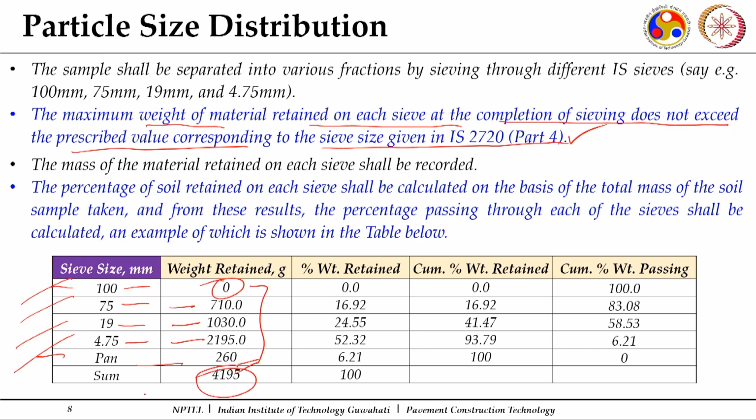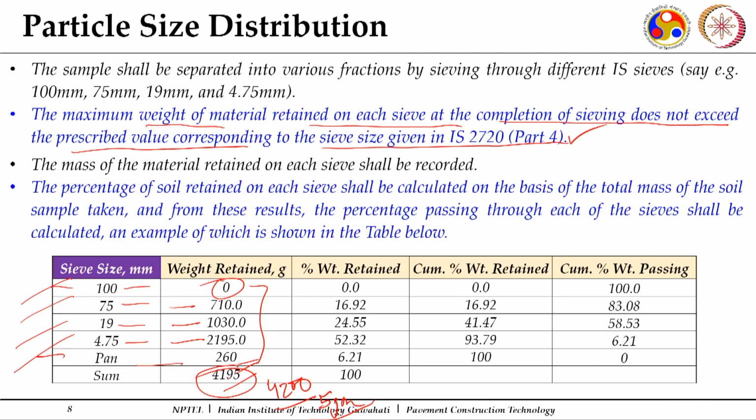Now, the total weight of this material comes to 4195 grams, and initially I may have taken say 4200 grams. Then you may ask, where have these 5 grams gone? During sieving, some fines may be lost. You will prefer to do a controlled sieving, so that as few fines as possible are lost.